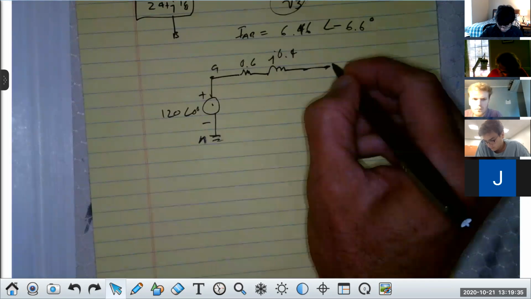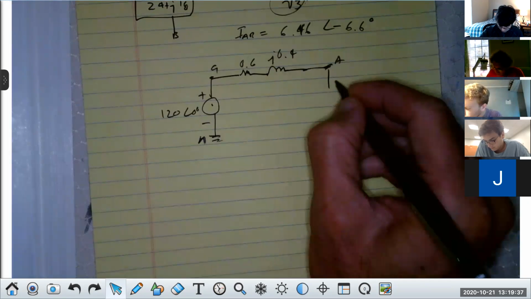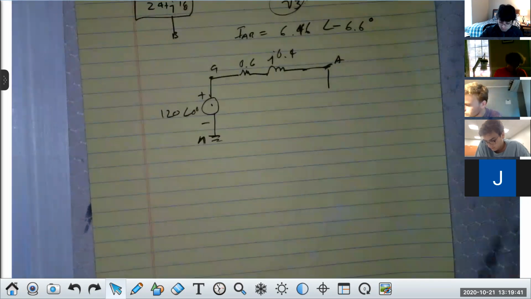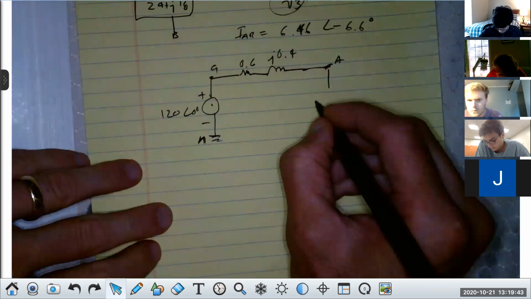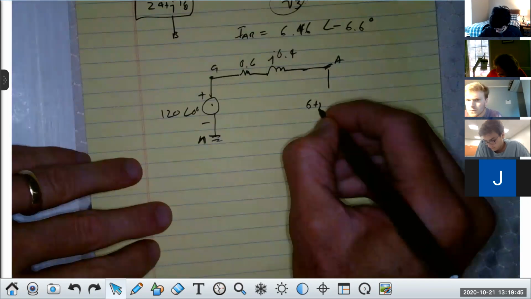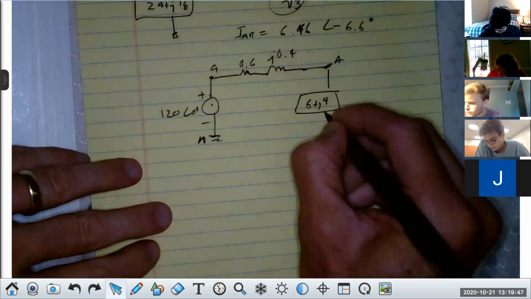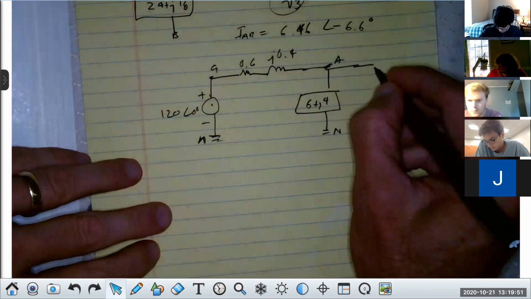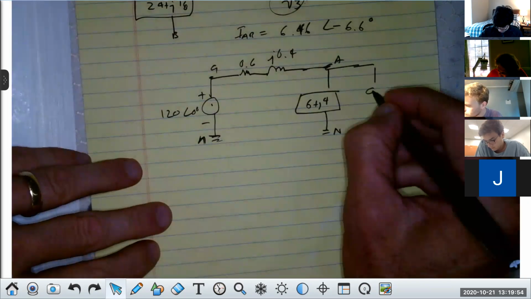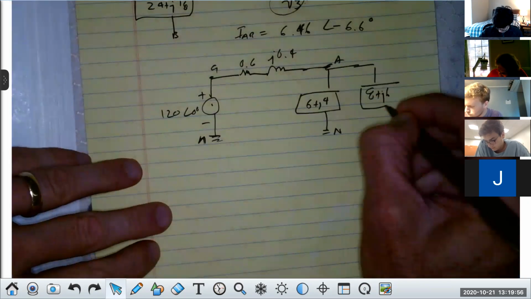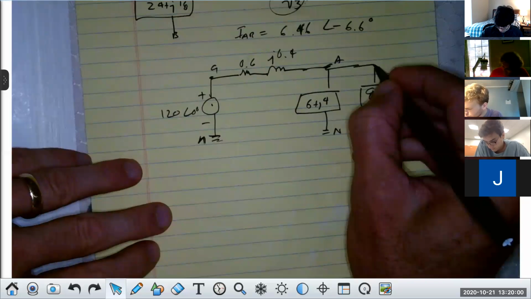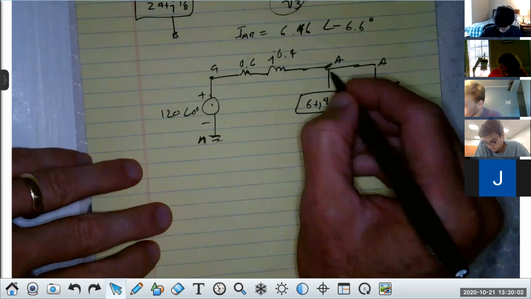This is the capital A. Now I'm going to put them both in parallel. The load that was just shown to you was 6 plus J4, and it's in parallel with 8 plus J6. The actual problem asks for this current.